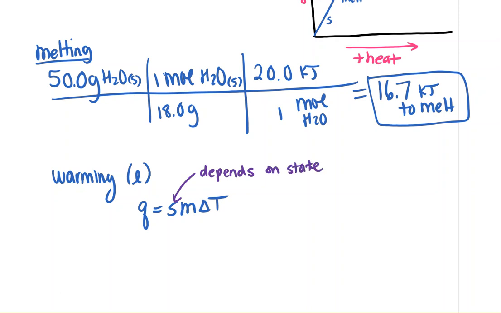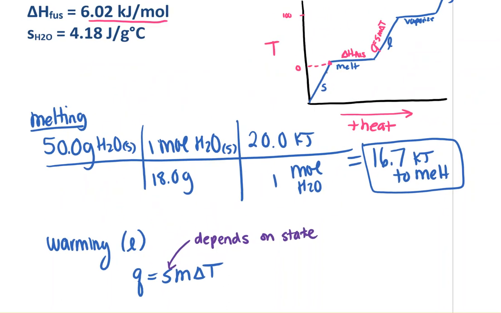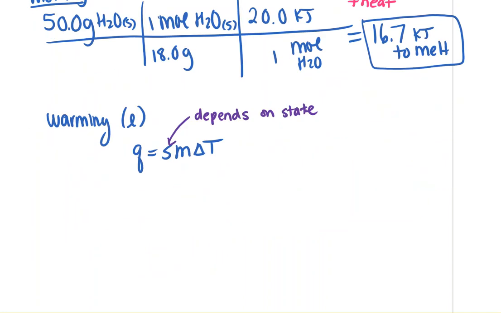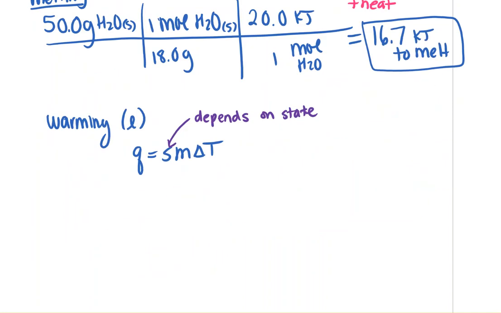But be aware, if we were having to warm the ice first, then we would have a different specific heat for ice, for a different phase. In this phase you need a different specific heat than this one, and same with gas. But we know this one because we use 4.18 quite a bit.